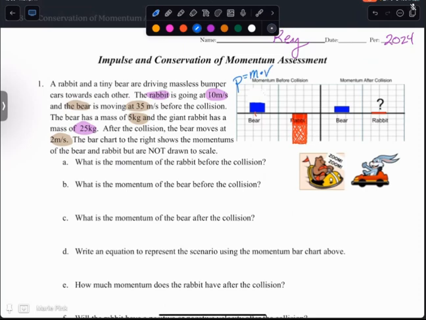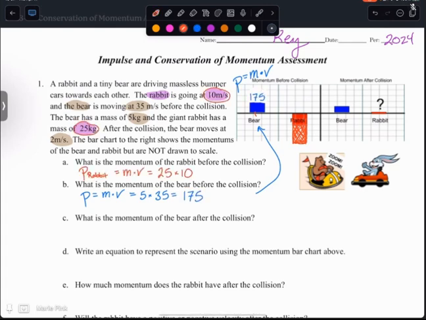So the bear before the collision is going to be this one. So the momentum is equal to mass times velocity. That'd be the mass of the bear, which is 5 kilograms because it's a tiny bear, times its velocity, which is 35. And that'll give you a momentum of 175.